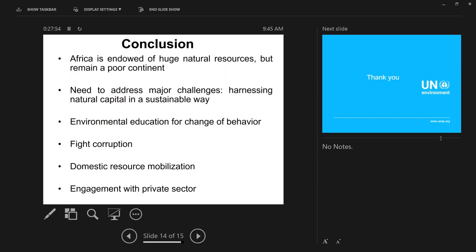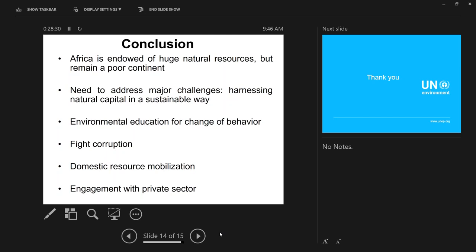We need to educate. Environmental education should contribute to change of behavior. We need to fight corruption. When we talk about illegal logging, illegal trade in wildlife, even mining and the extractive industry, there is still corruption involved.